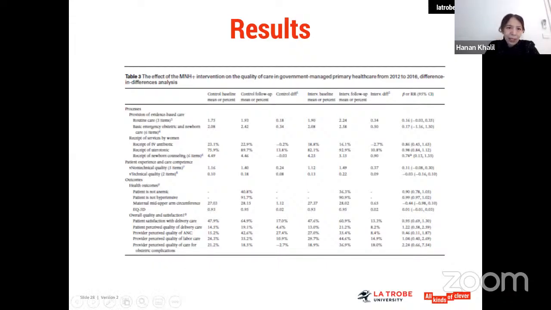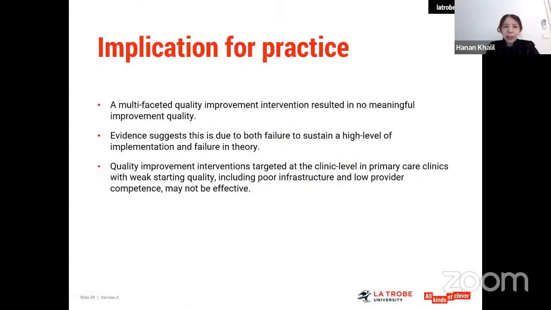Now, unfortunately for this one, the multifaceted quality improvement project resulted in no meaningful improvement. The evidence suggests that it was due to both failure to sustain a high level of implementation and failure in the theory. What they said was that the quality improvement intervention targeted the clinical level in primary care, but to start with, the quality was actually quite poor.